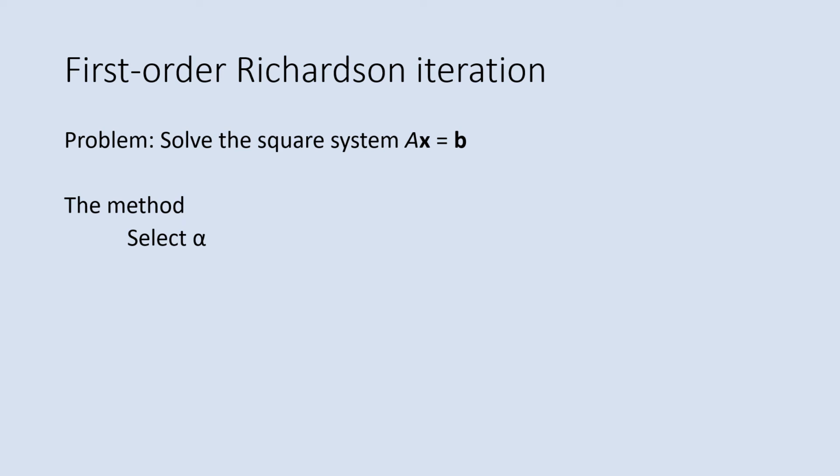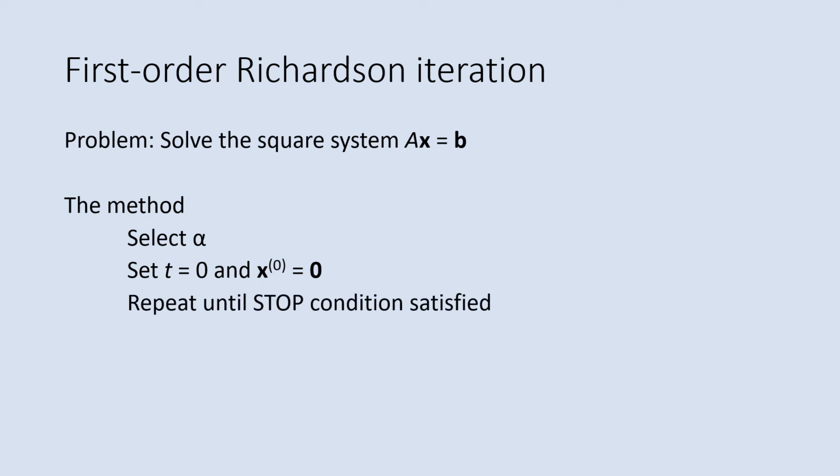And so if we don't like the answer we get, we can try a different alpha, or we can try a different initial estimate. So we're going to set t to be 0, because that is the idea of time being time 0. Our initial guess at the starting point is, let's just start with the 0 vector.